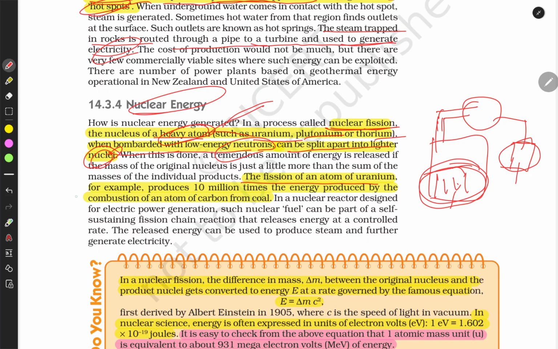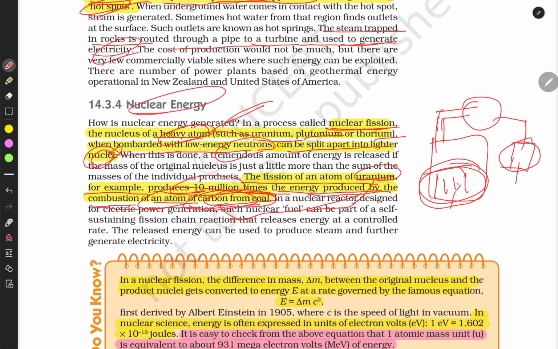The fission of an atom of uranium, for example, produces 10 million times more energy than the combustion of an atom of carbon from coal. So this creates a lot of energy. Here we are just comparing one atom of uranium and one atom of carbon from coal.